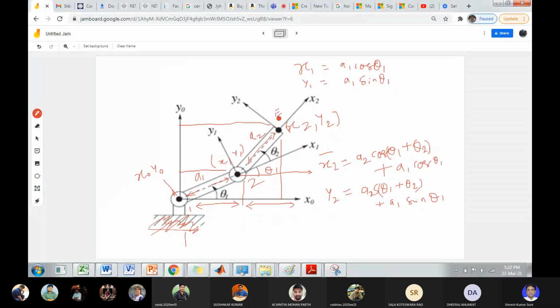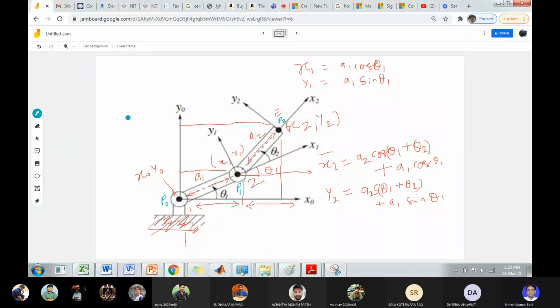We take this as point P2, this is point P1, and this is point P0. Okay, clear?